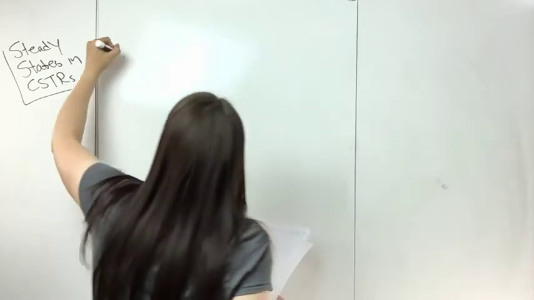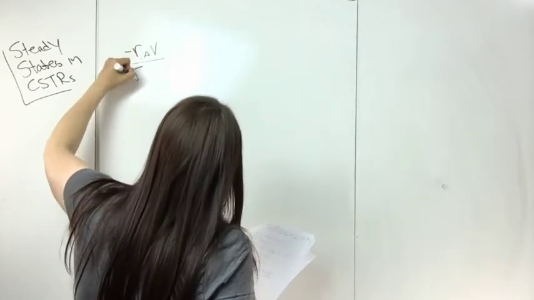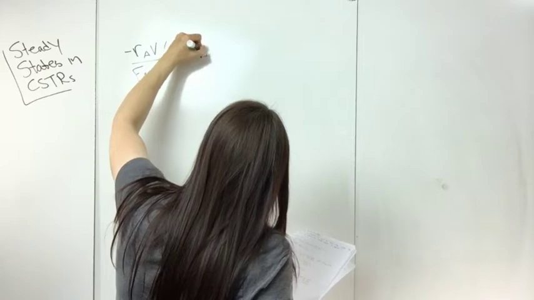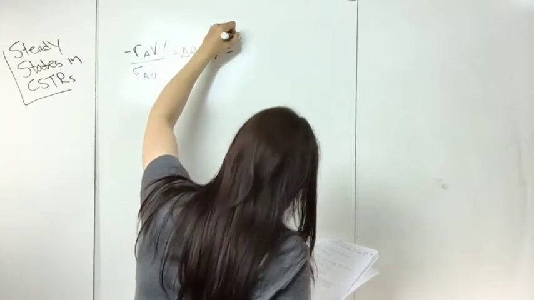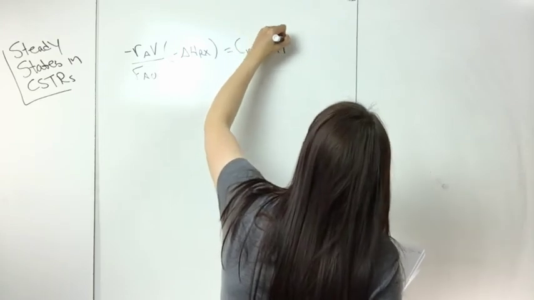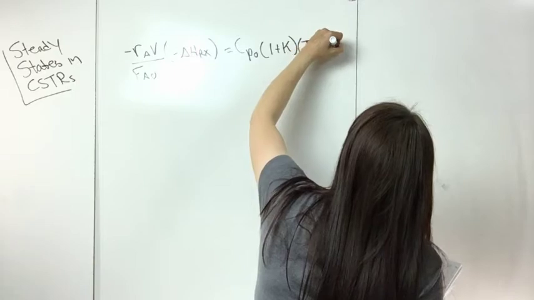So minus RA V over FA naught multiplied by the heat of reaction is equal to Cp naught 1 plus kappa multiplied by T minus Tc.